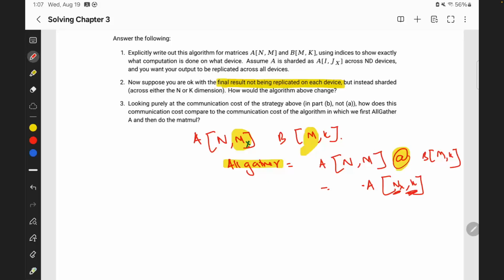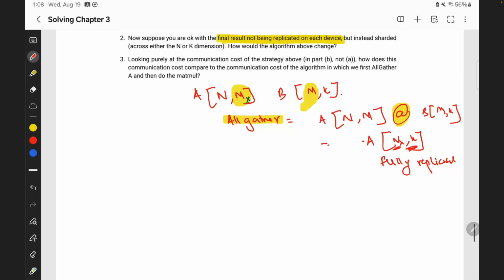You can have them sharded and keep it in one of the GPUs. If you want it fully replicated, then you have to do an all reduce, and we know that all reduce is reduce scatter plus all gather.